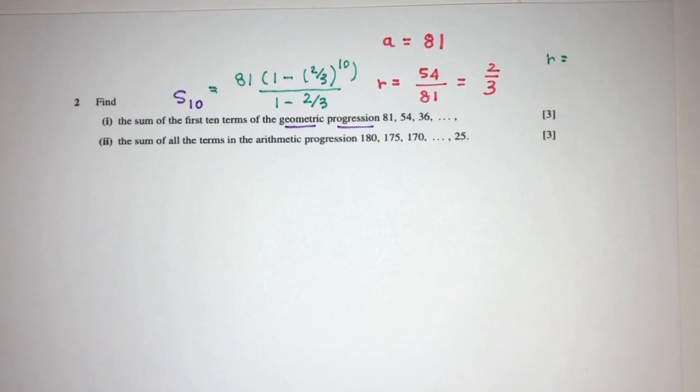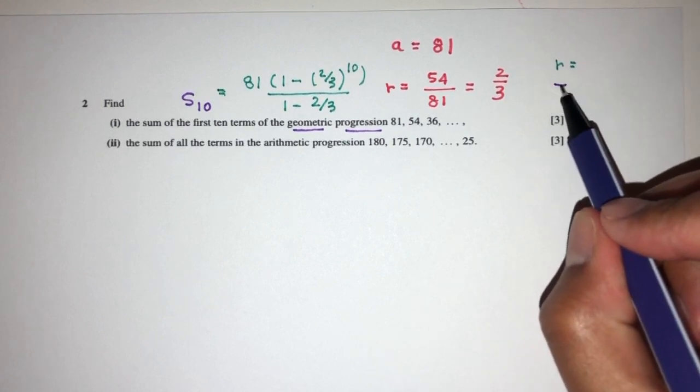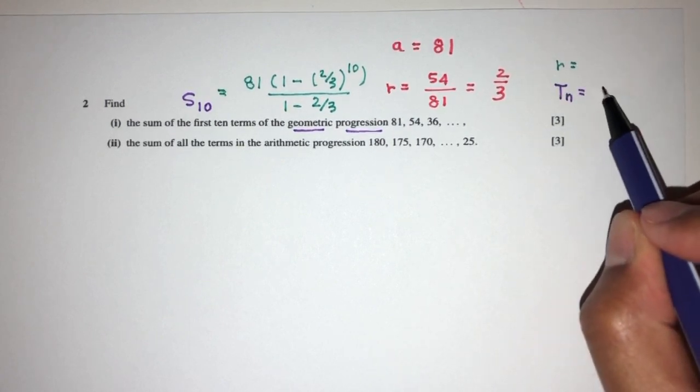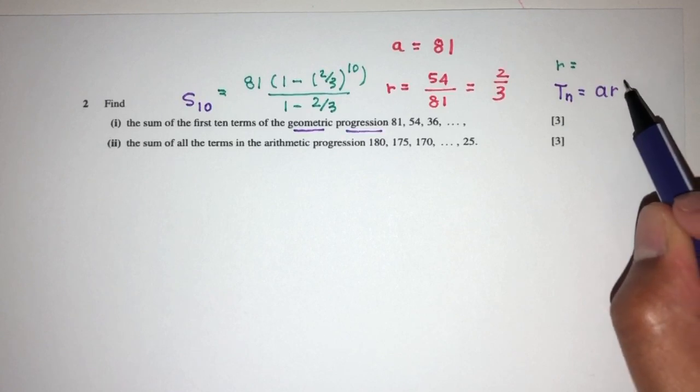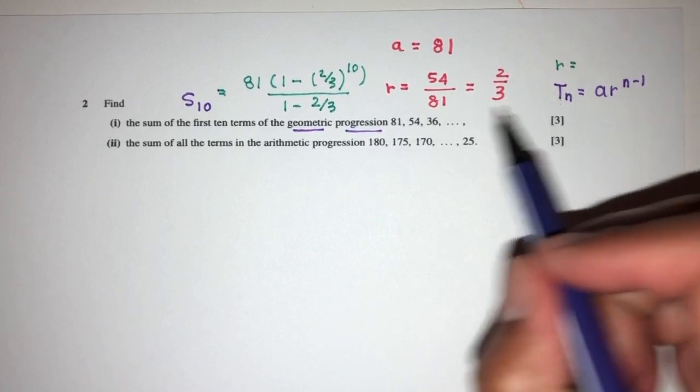If you don't know, no worries, you can always revert back to your formula, which is the nth term. For example, it is given to you by ar^(n minus 1). From this we can simply find R. We know the first term is equal to 81.